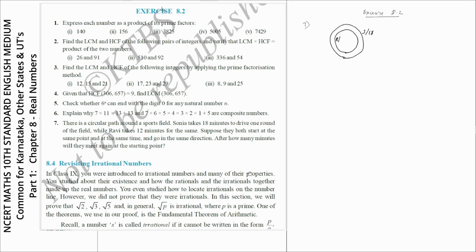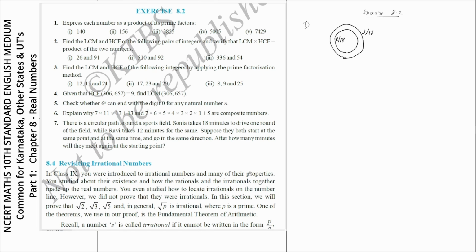So Ravi will take 12 minutes to complete this round. The circular path distance is the same, whatever distance they are covering is the same for both. Just for indication I have drawn 2 circles there. Now if both start, at what time will they meet at the starting point? That's the question.